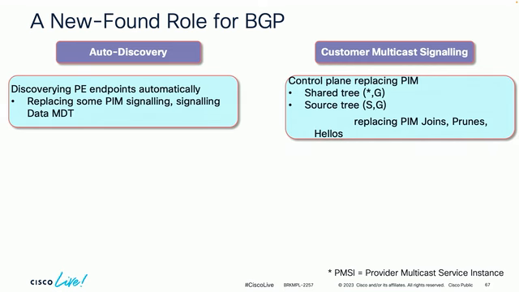That is going to be done via BGP. And the second part is customer multicast signaling, or when your customer is sending joins, how exactly we are going to carry it in the overlay across the service provider network. So that is where BGP will be used.